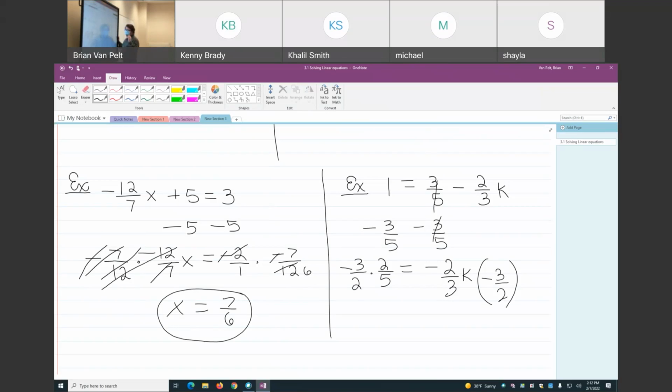This way, on the left-hand side, the 2's cancel, and I have -3/5. On the right-hand side, the -3/2 cancels with the -2/3. That's one method. I'm going to do it a second way.